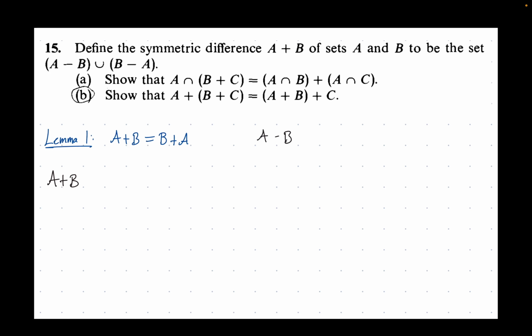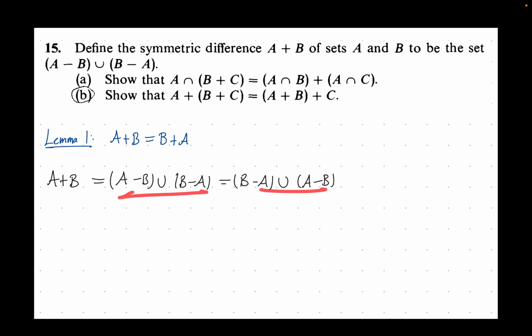For instance, A minus B is not equal to B minus A. But I digress. So A plus B is going to be equal to A minus B union B minus A, which is equal to B minus A union A minus B. Here we're leveraging the fact that the union operator itself is commutative, so this tells us that A plus B is equal to B plus A.